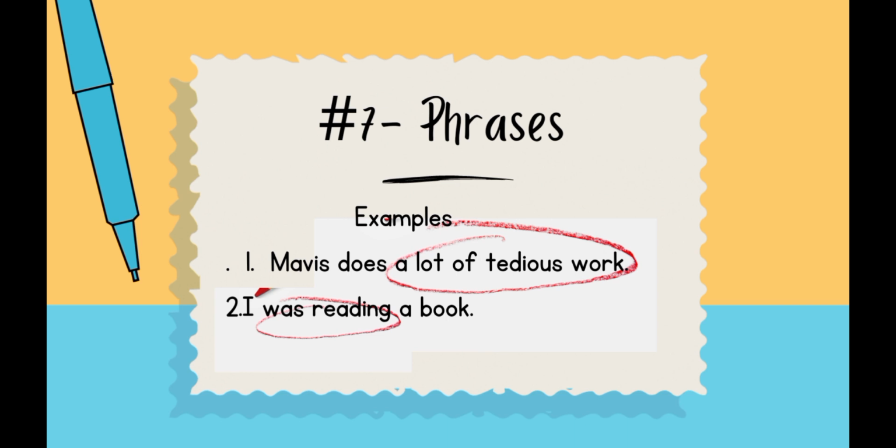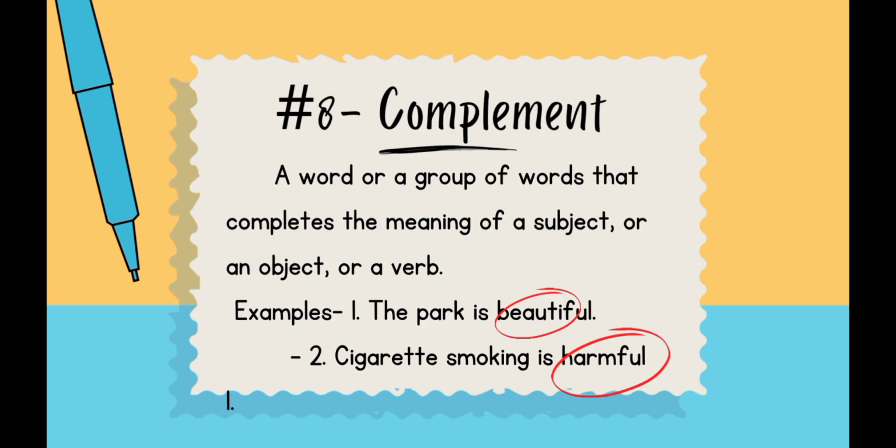So let's move on to the eighth structure. The eighth structure is complement. A complement is a word or a group of words that complete the meaning of a subject, an object, or a verb.